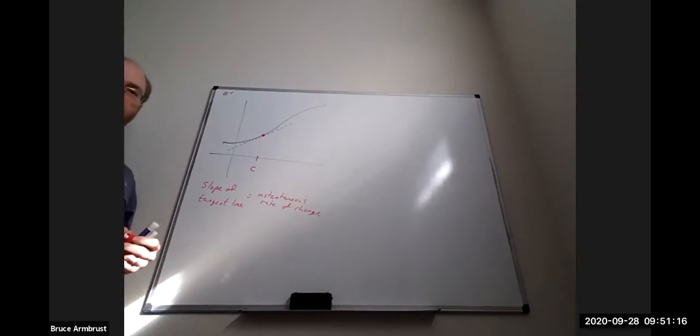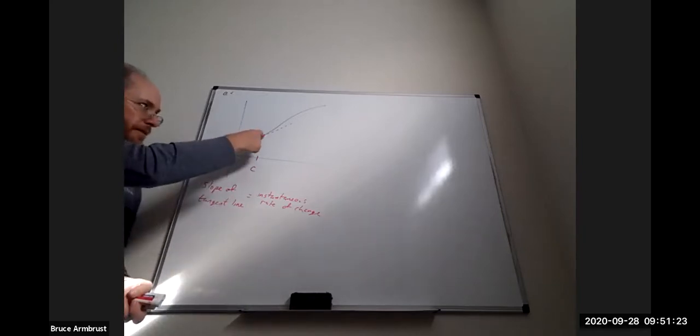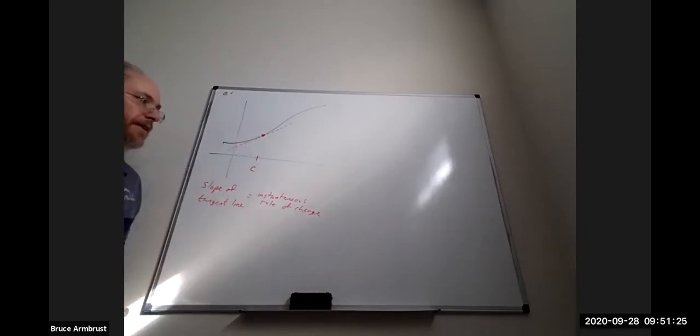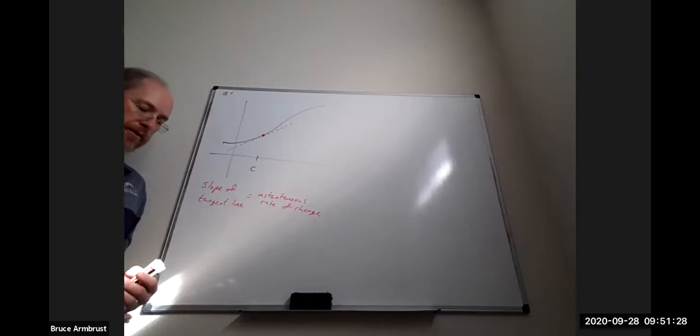But the problem with finding the slope of a tangent line is that for the tangent line, we knew only one point. And you can never find slope if you only know one point.